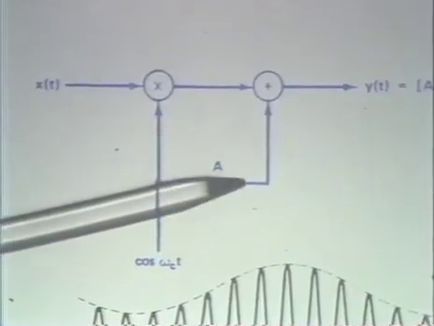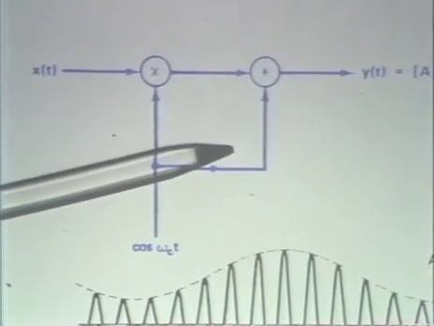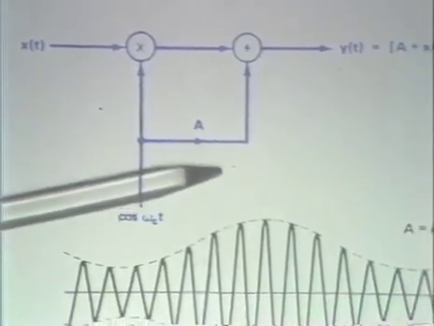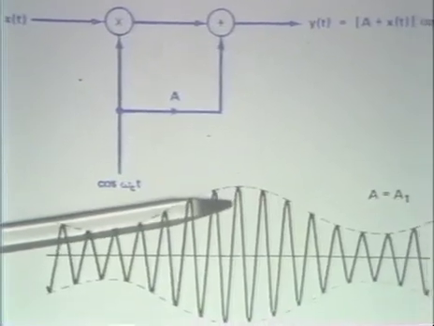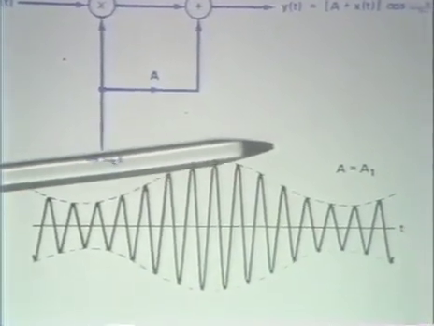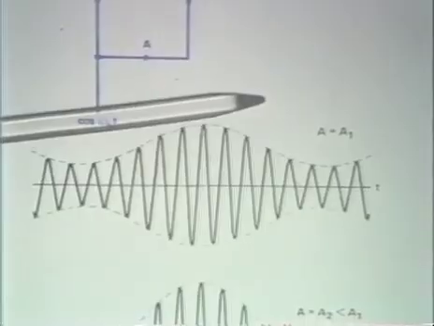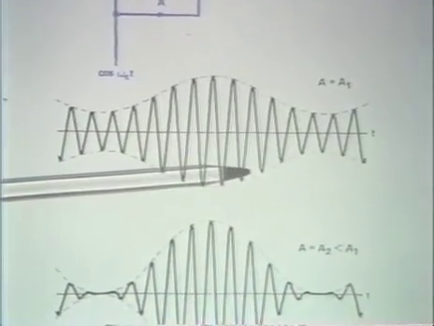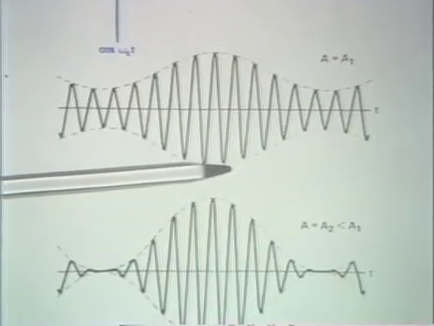Depending on exactly what this value A is will influence what the envelope will look like. I indicate below two possibilities. One is where I've made A fairly large, and one is where I've made A significantly smaller.